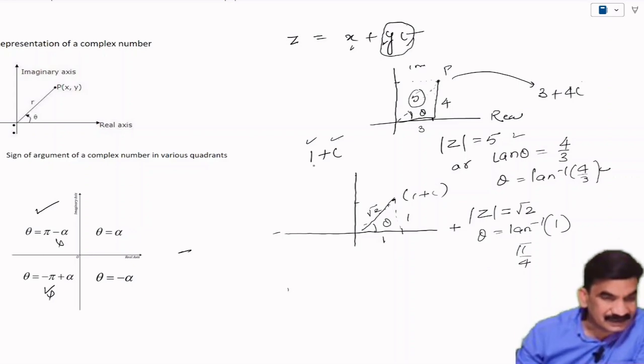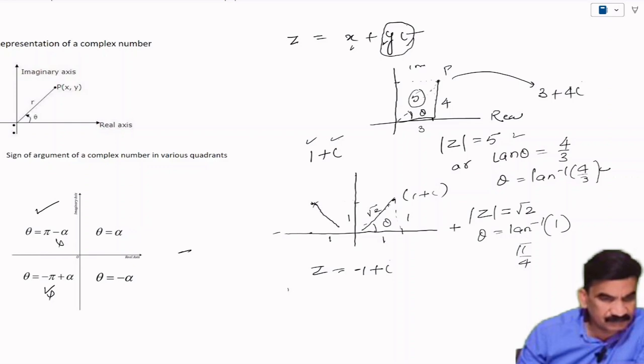Now, let me change this. Suppose the number is 1 plus i, with a negative sign here. So the real part is negative. Now, this is not this number. For this number, I have to go here, and here. So this is 1, and this is the point.